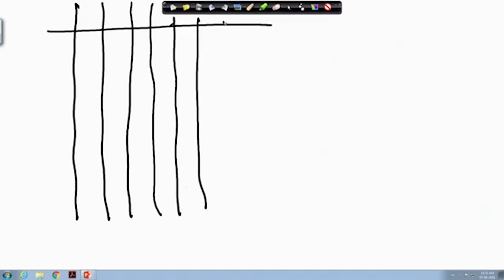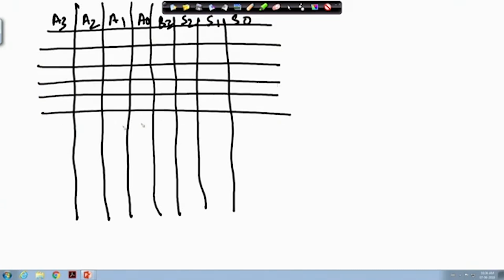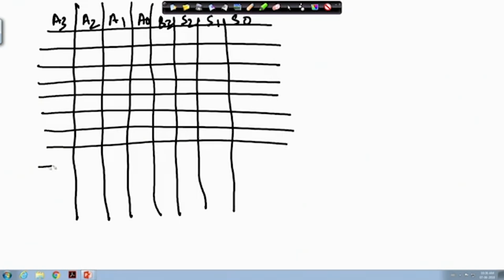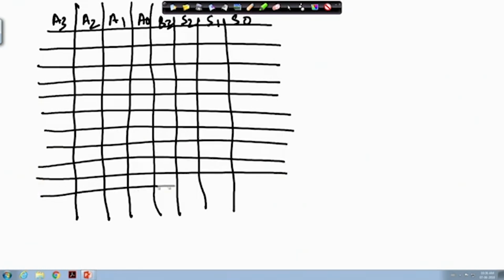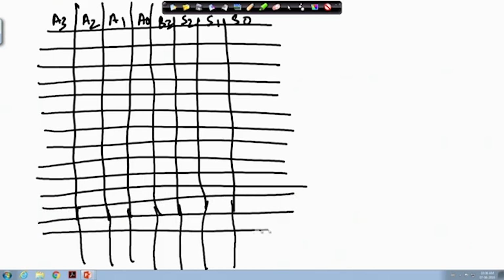Again I have to draw the whole table, that is A3, A2, A1, A0. Here this is S3, S2, S1 and S0. Now 2, 3, 4, 5, 6, 7, 8, 9, 10, 11, 12, 13, 14, 15 and 16.